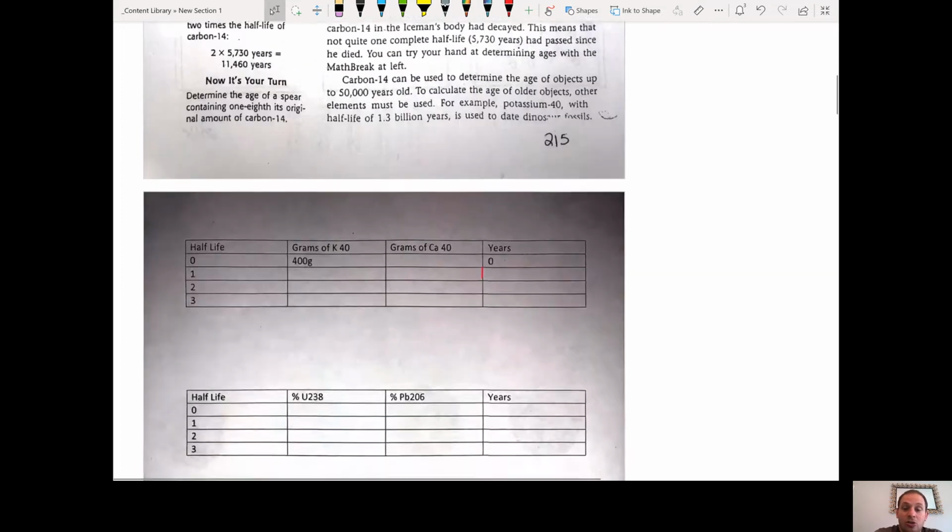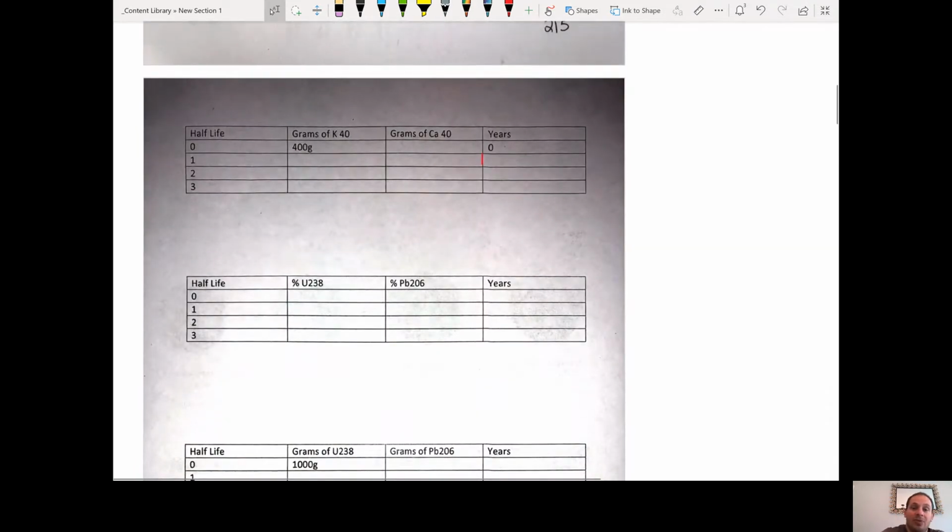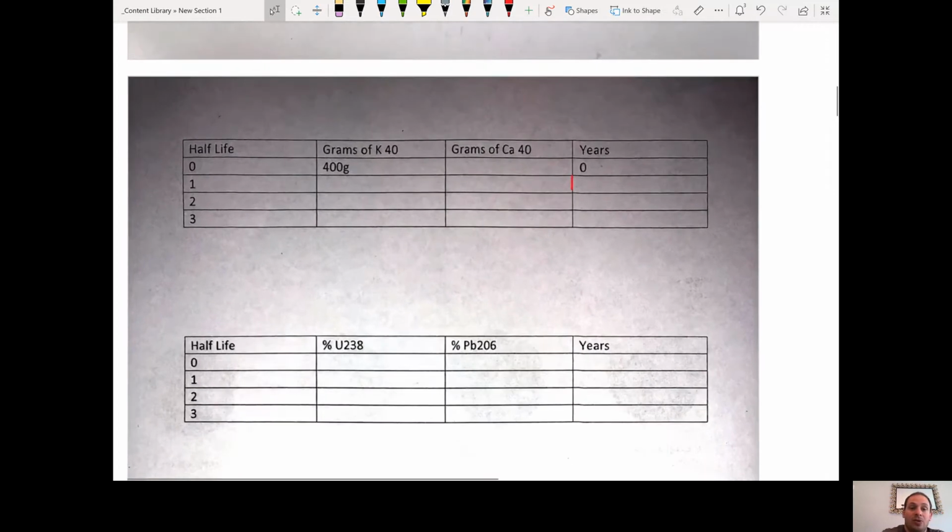Now on page 216, what we got here is we're not going to always just happen to work with percentage. Okay, so we have 0 half-lives, and instead of putting a percent here, I have 400 grams of potassium-40, and at 0 half-lives, that means none of it would change over, so I'd have 0 grams of the calcium-40, and no years have gone by.